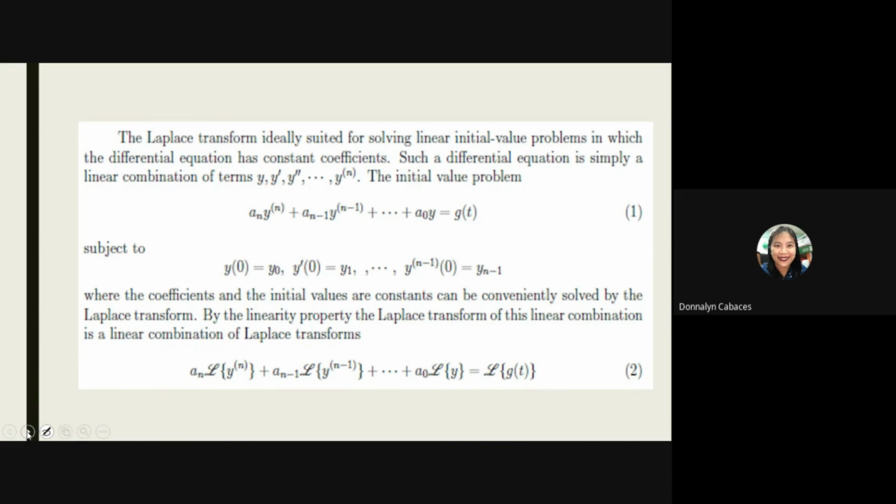By the linearity property, the Laplace transform of this linear combination is a linear combination of Laplace transforms. So equation number 2 is the application of the linearity property to equation number 1. So you take the Laplace of all the given terms.